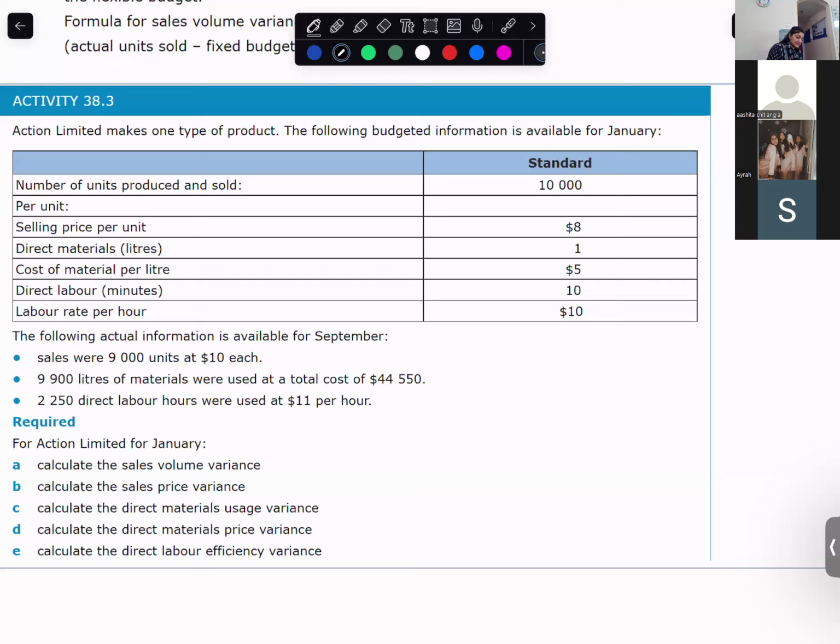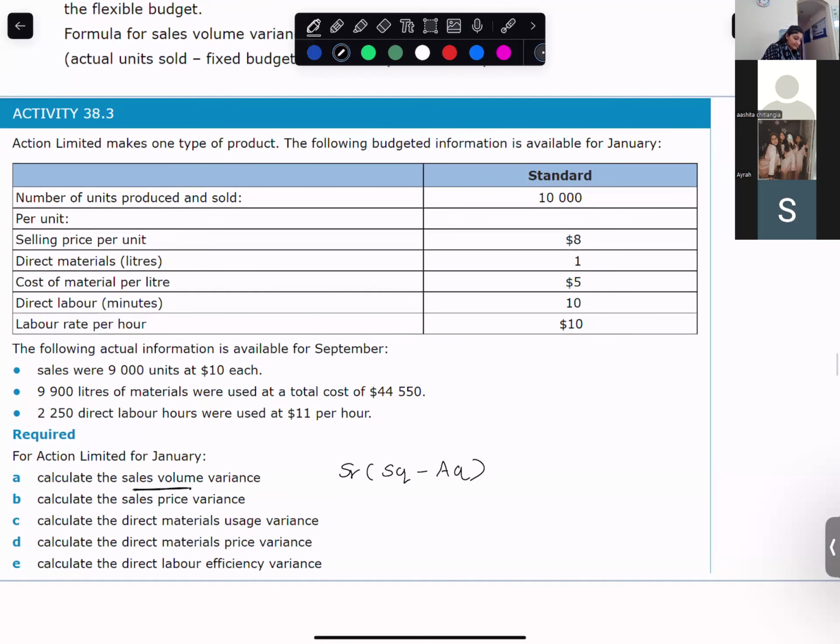Sales volume variance. How do you find sales volume variance? Sales volume variance is standard quantity minus actual quantity into standard rate. What did you expect to sell? 10,000 units. How many units did you sell? 10,000.